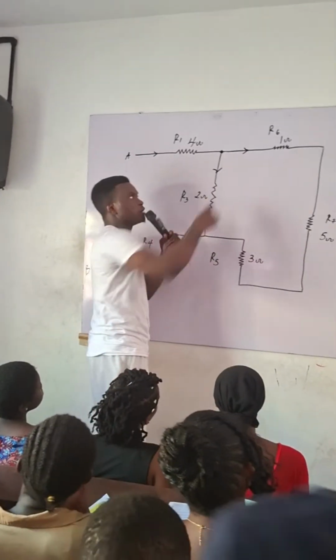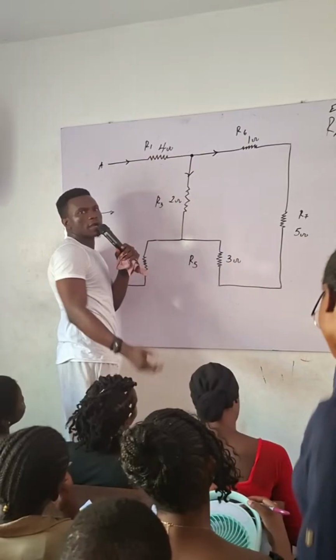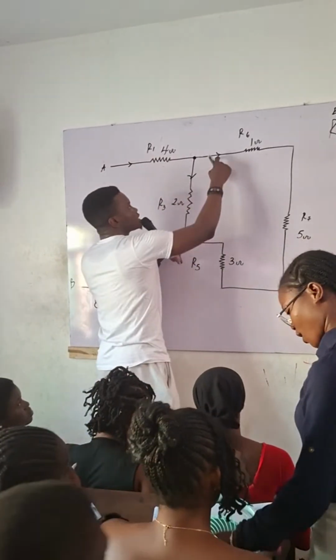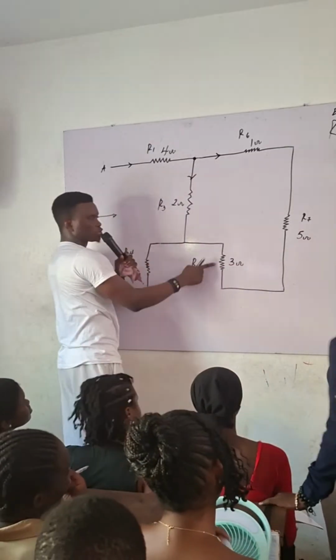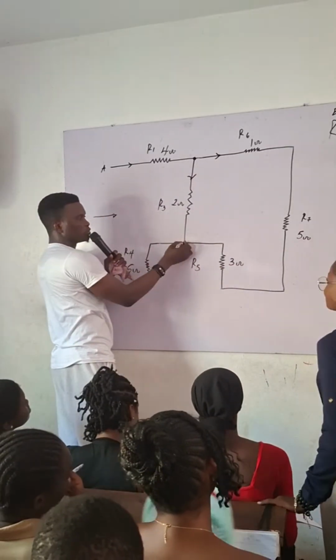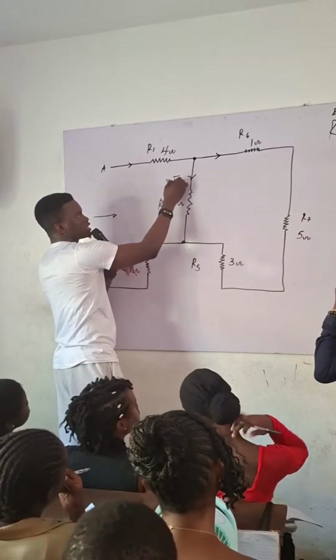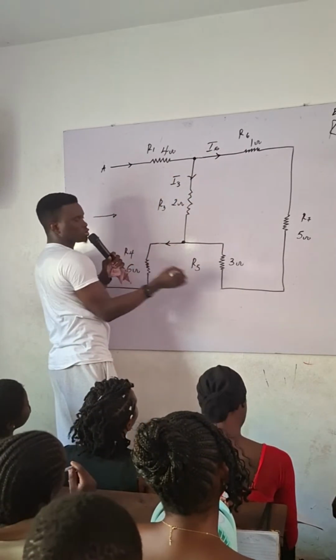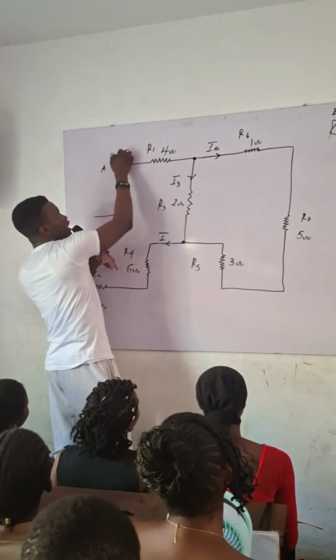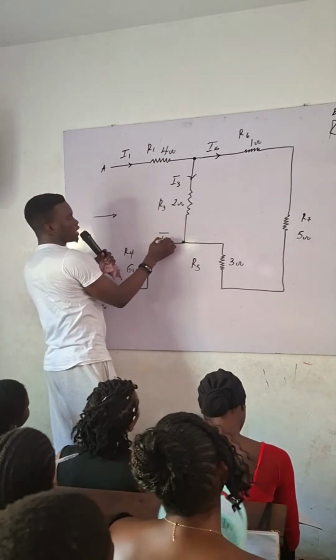That means this one and this one are in parallel. The same current that goes through this is the one that will go through this. Then when it comes here, I3 and I6 will join again to form, let's say, I1.